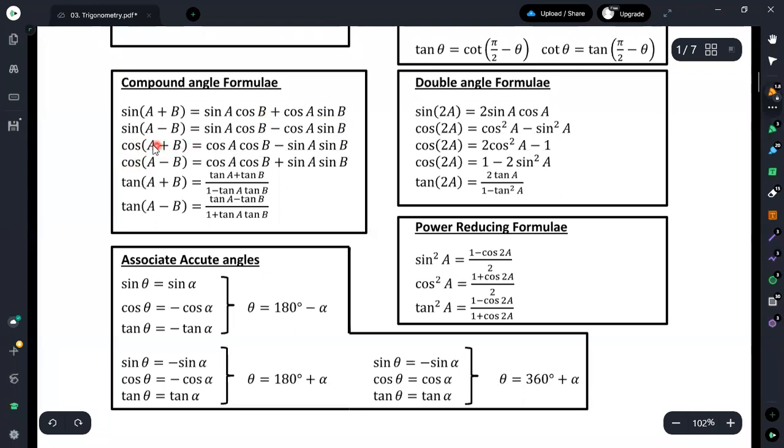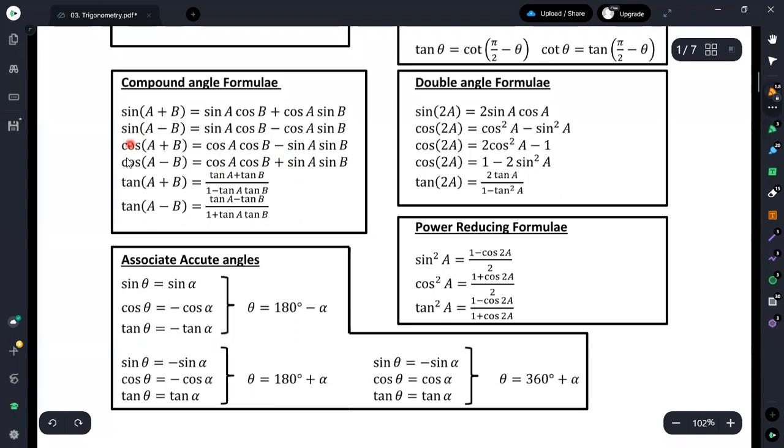Then we will look at the cosine function for the addition and subtraction of two angles. Cosine of a plus b is cosine a cosine b minus sine a sine b. Cosine a minus b is cosine a times cosine b plus sine a times sine b.